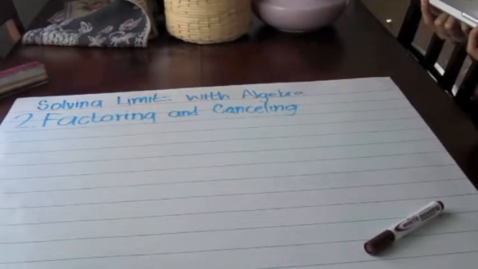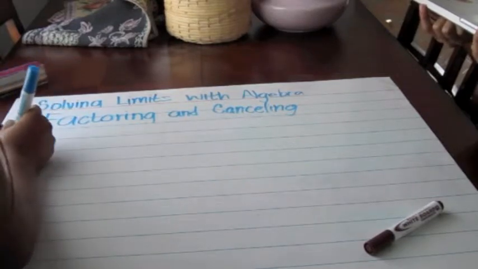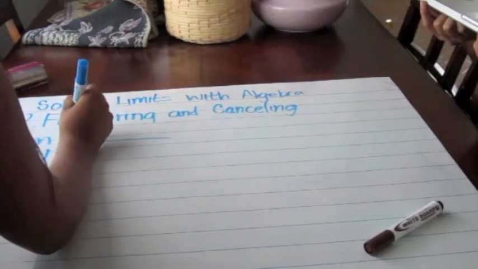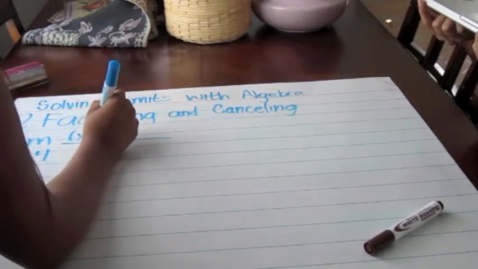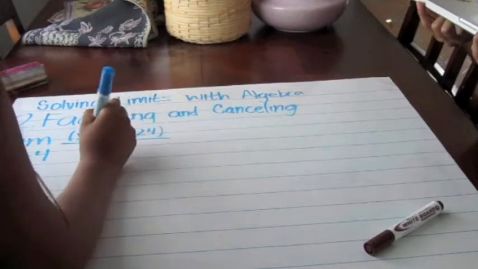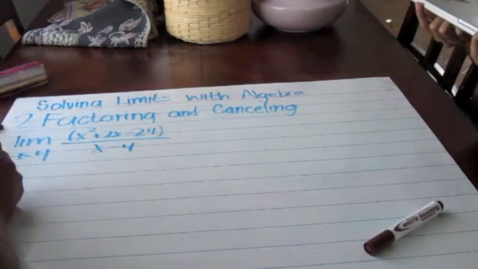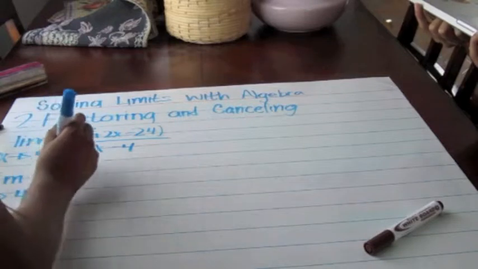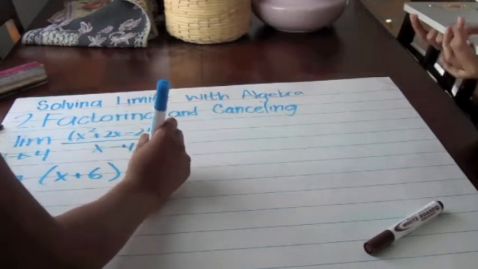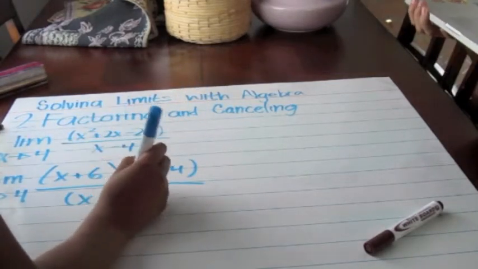So the proper way of solving this problem using factoring and canceling is to rewrite the problem, the limit of x squared plus 2x minus 24 over x minus 4, and factor the numerator. That gives us x plus 6 times x minus 4 over x minus 4.